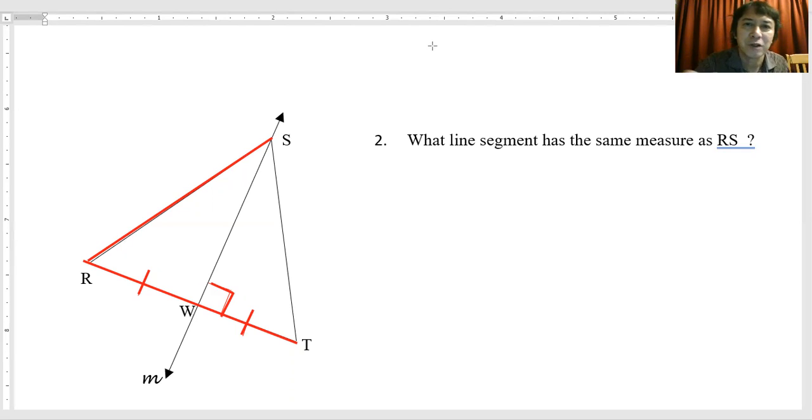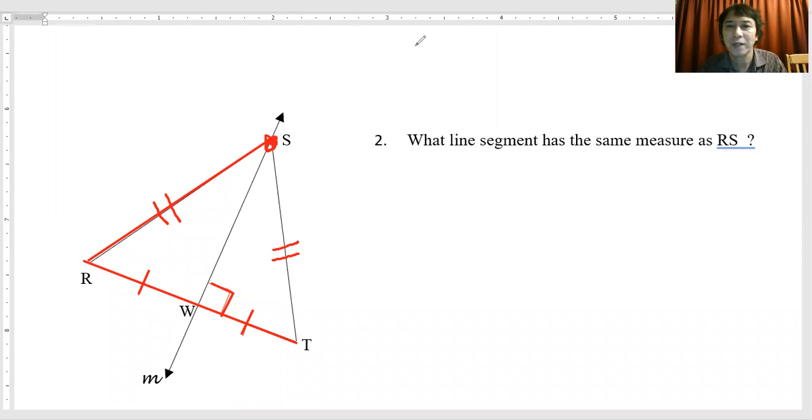We can consider the point S. Let's exaggerate the point S there. That point S lies on the line M, which is the perpendicular bisector. So if a point lies on the perpendicular bisector of segment RT, then point S is equidistant to R and to T. That means this is equal to this.